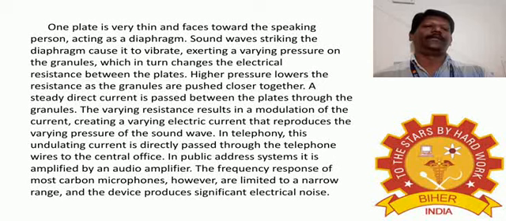In telephony, this undulating current is directly passed through the telephone wires to the central office. In a public address system, it's amplified by an audio amplifier. The frequency response of most carbon microphones, however, is limited to a narrow range, and the device produces significant electrical noise.